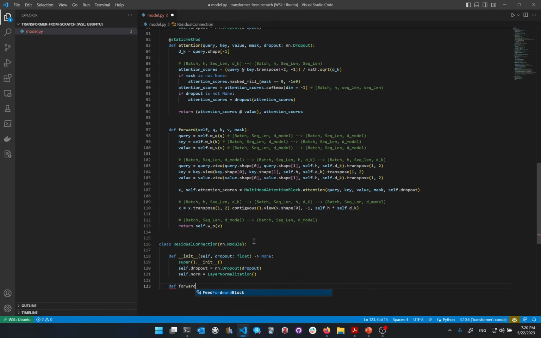And the sublayer, which is the previous layer. What we do is we take the x and we combine it with the output of the next layer, which in this case is called sublayer, and we apply the dropout.